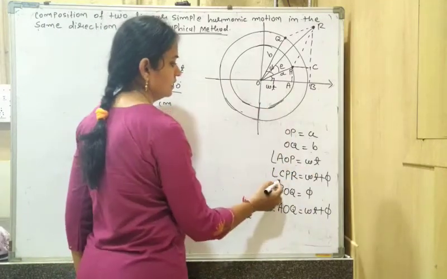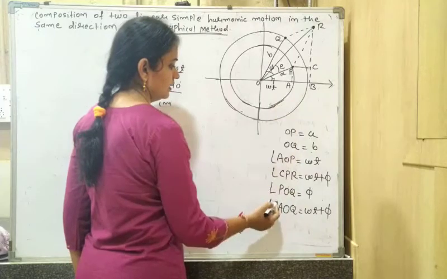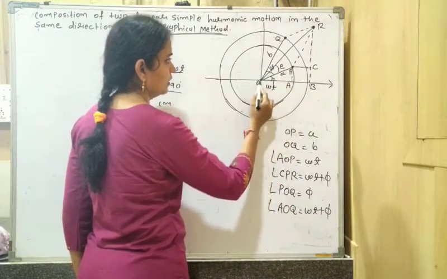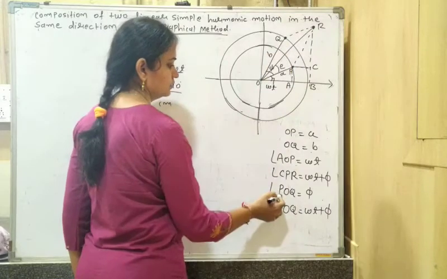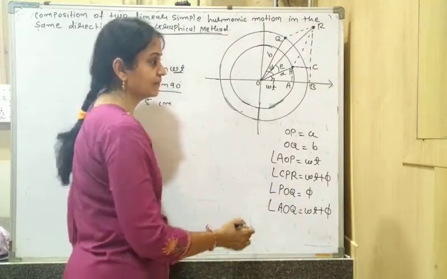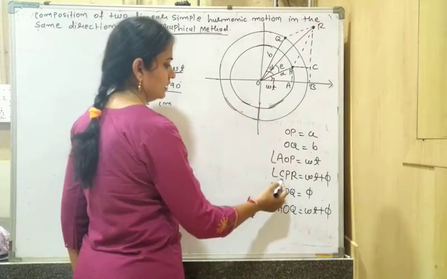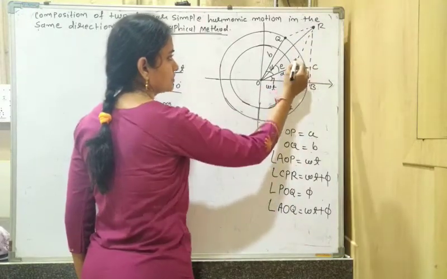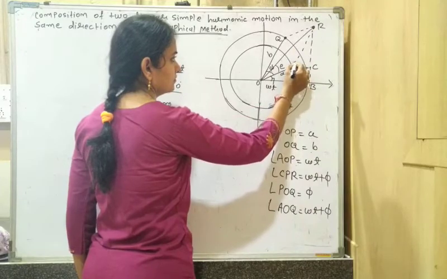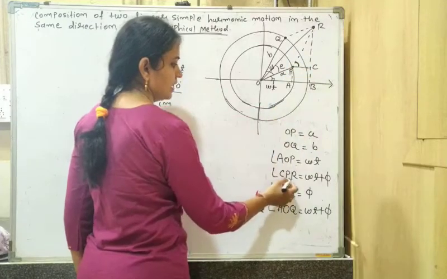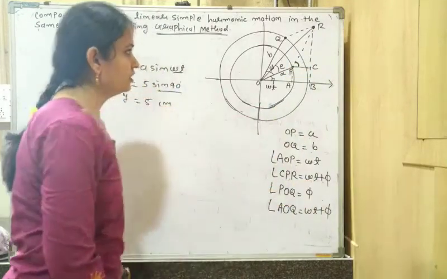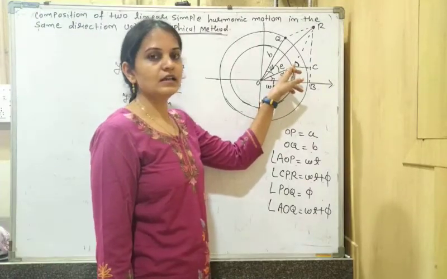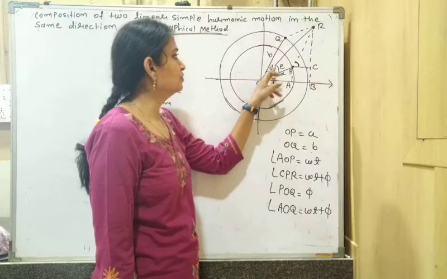Then we have to consider POQ, that is phi. Then CPR, so this theta, CPR is omega t plus phi, because this angle is generated by these two thetas.